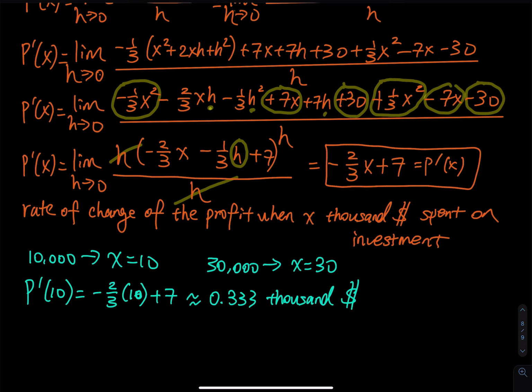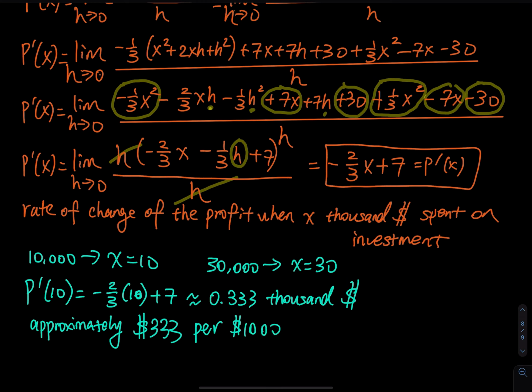That means approximately $333, because if you multiply the decimal by 1,000, you get 333, right? So approximately $333 per $1,000 spent on investment. That is the rate of change.